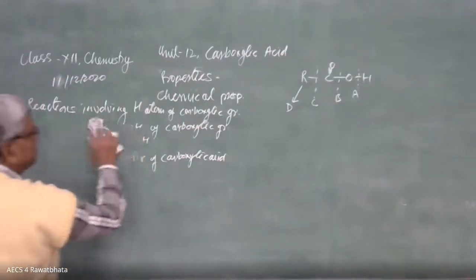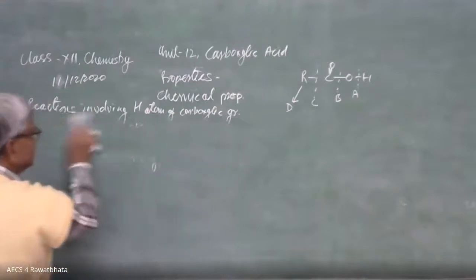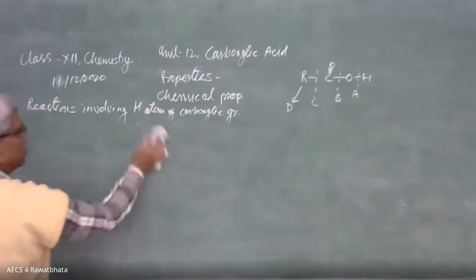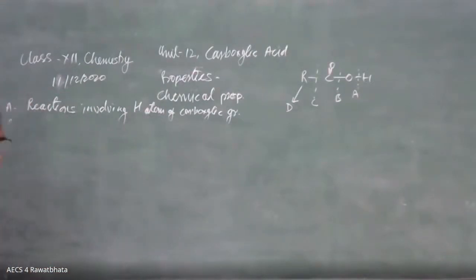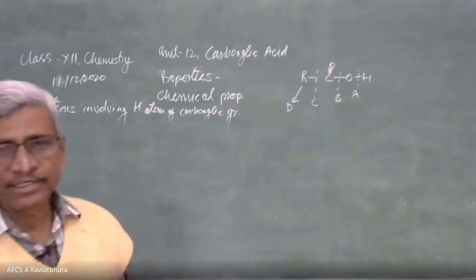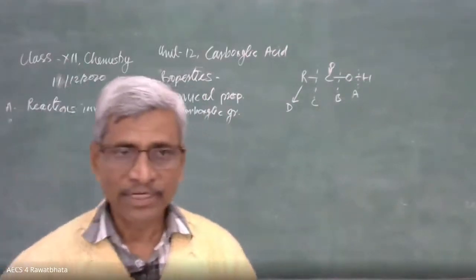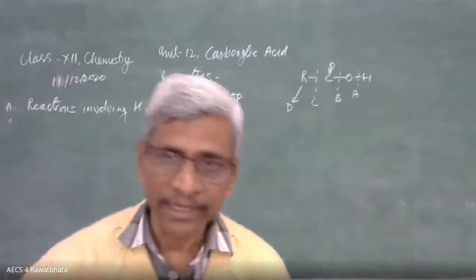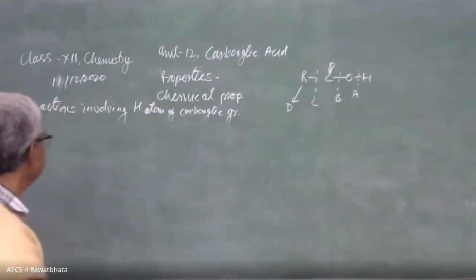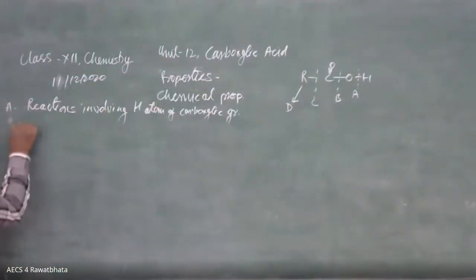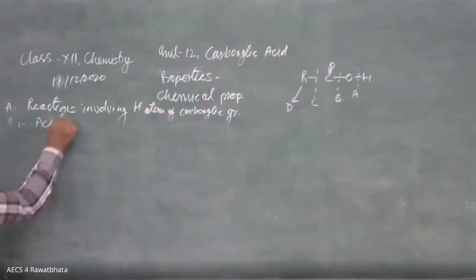The A type, reactions involving hydrogen atom of carboxylic group, and here the property is acidic property, acidic character. This is the property here. The first one in this type is acidic character.